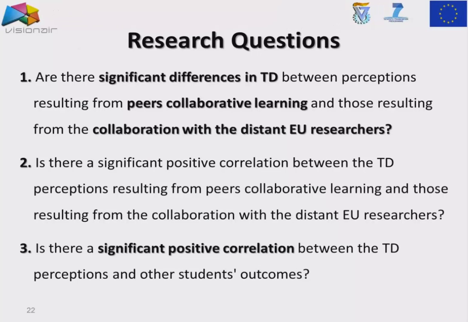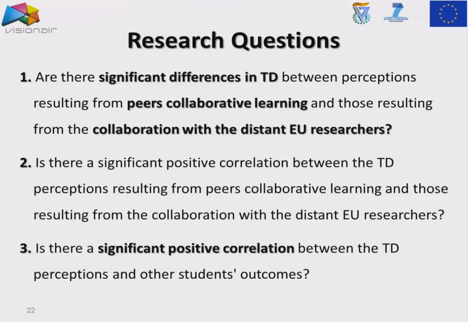And for testing the validation of this questionnaire, we asked 3 simple questions. First, we wanted to see if there are significant differences between the transactional distance resulting from the peer collaboration and the transactional distance resulting from the collaboration with the distant researchers, since the collaboration between the peers was flexible and the collaboration with the distant researchers was much more rigid. We hypothesized that there would be such a difference.